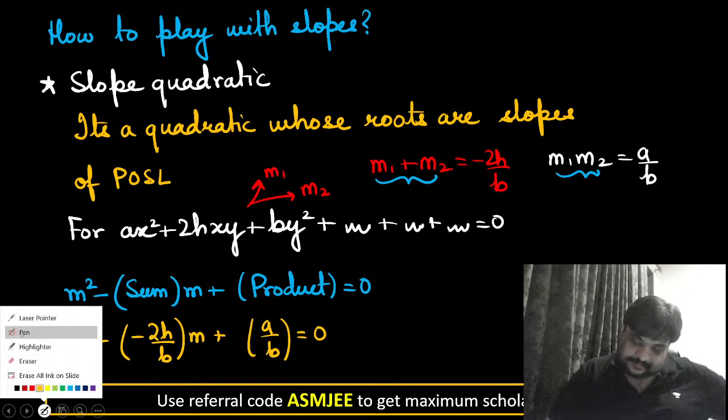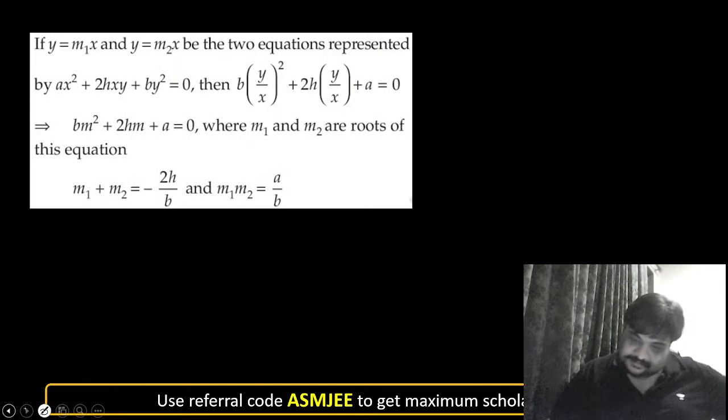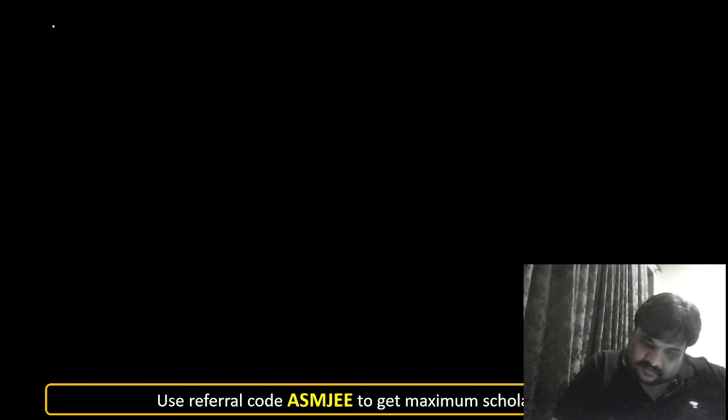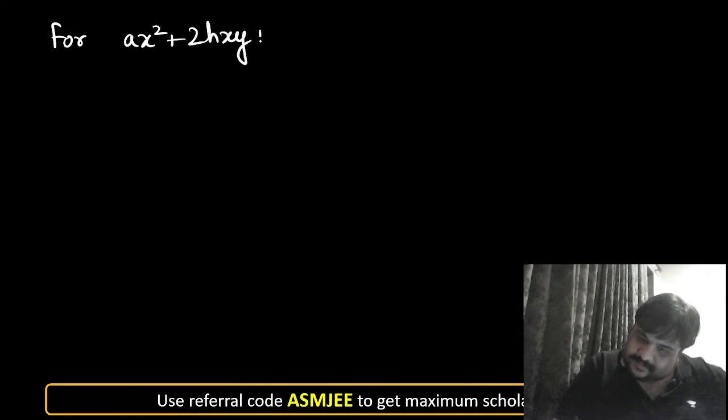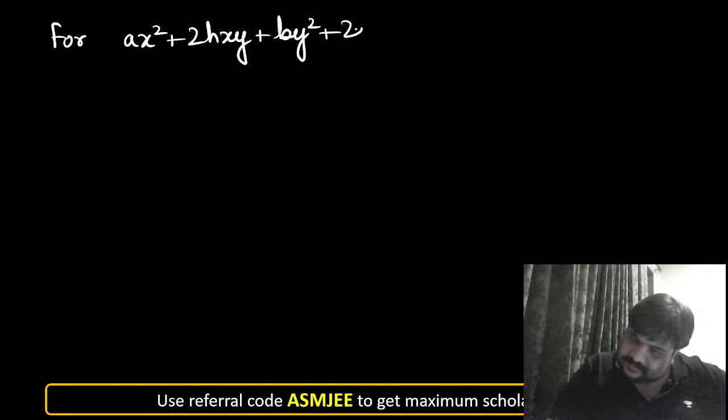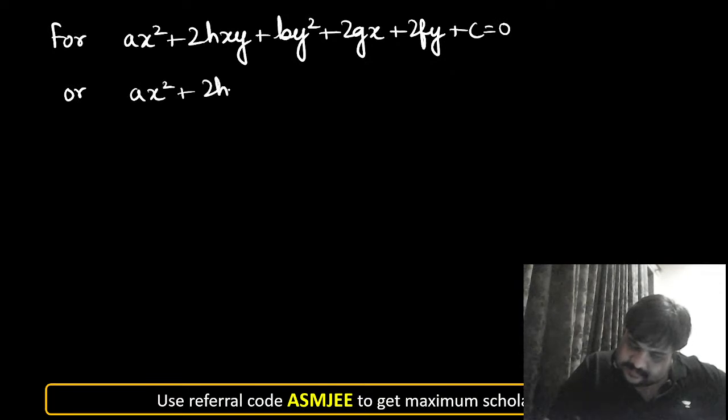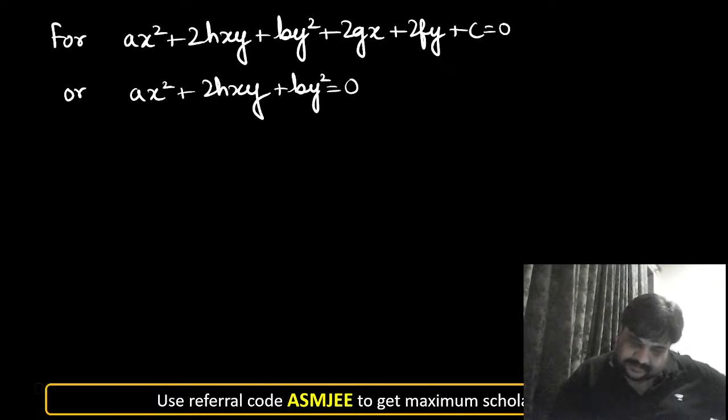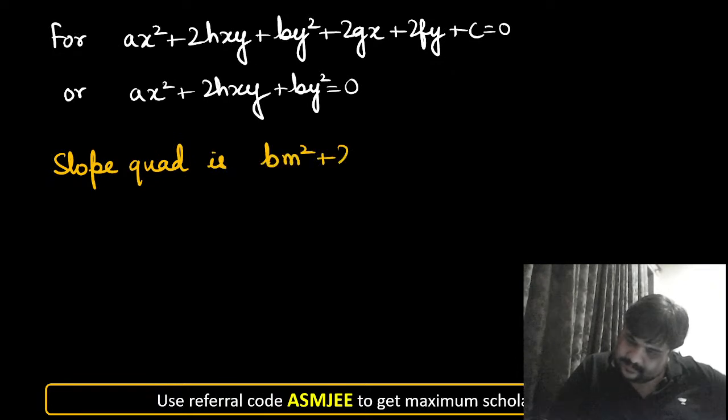So you get, so for big pair or small pair, this is slope quadratic. Learn it.